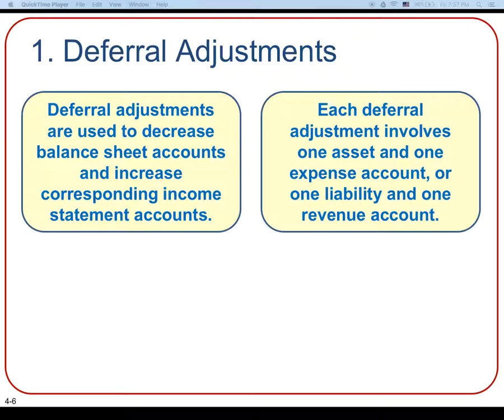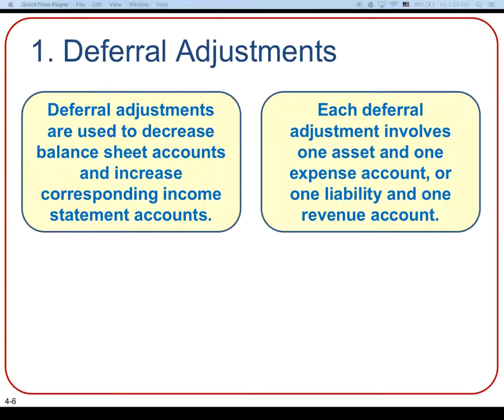Another one was the prepaid rent. Prepaid rent is a balance sheet account. So when we use up the rent, we have to decrease prepaid rent and then increase what? Increase the income statement account, which is the rent expense. So it's always decrease the balance sheet account and increase the income statement account.